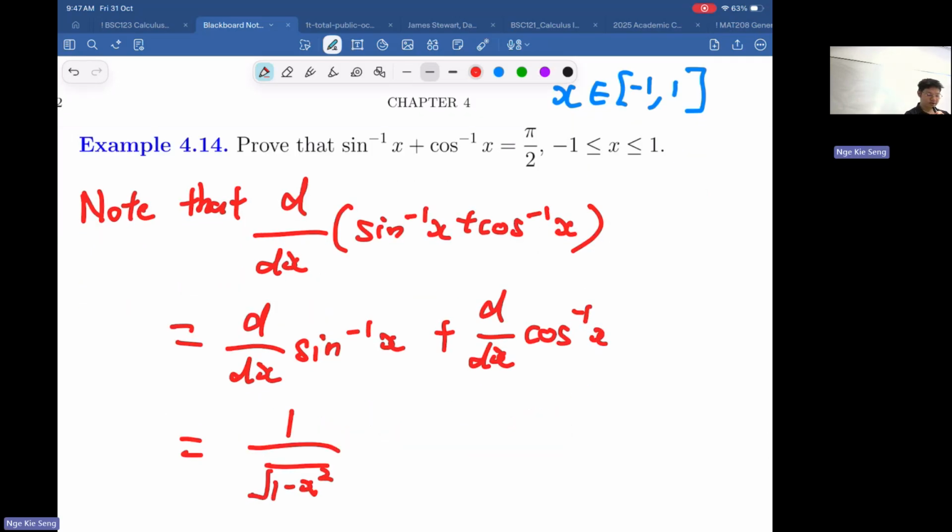Okay, how about cos inverse? What's the derivative of cos inverse? Check your table. Check your table.